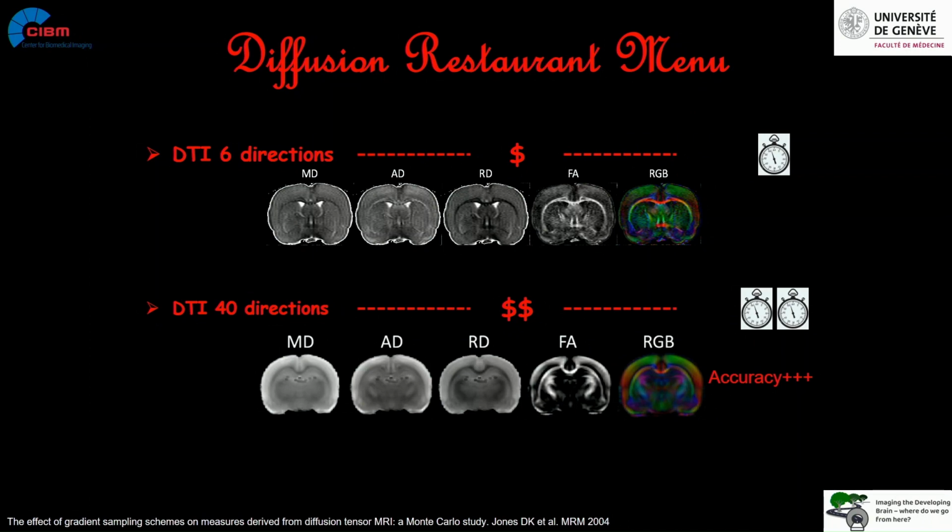It's the minimum you can acquire to have access to these parameters: mean diffusivity, axial diffusivity, radial diffusivity, fractional anisotropy maps, and direction encoded color maps. So it's the same as this one, but the direction of the fiber is color coded. The red is right left, the green is up down, and the blue is antero posterior.